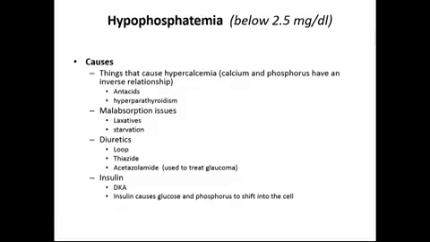When we're looking at low phosphate or phosphorus, this is below 2.5 milligrams per deciliter. The causes are basically things that cause hypercalcemia, remembering that inverse relationship. So what kinds of things cause hypercalcemia? Do you remember?